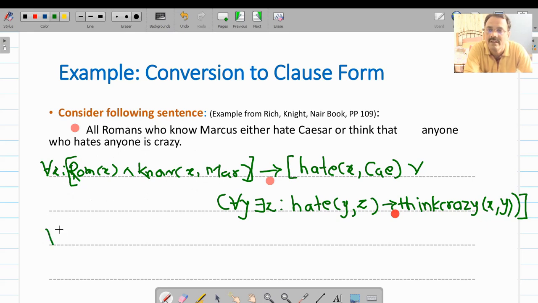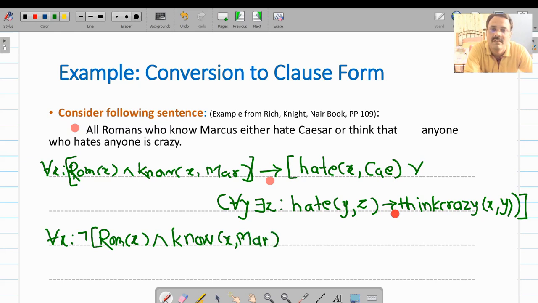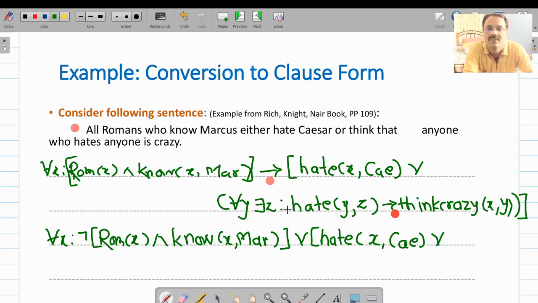So for all x as it is, not of Roman x and know x Marcus, complete the bracket, or the right side as it is, hate x comma Caesar, or now this part here.